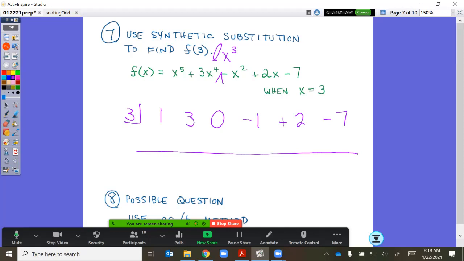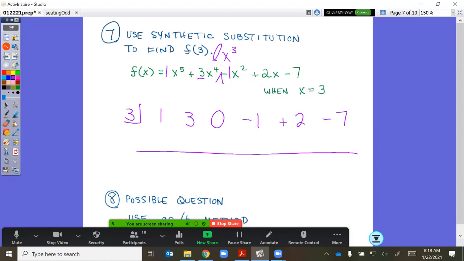There's a 1 out here, that's where I got that 1. There's a 3 here, and that's where I got the 3. They skipped x to the third, so I have to leave a memorial for the thing they skipped. It's a 0. There's a -1 in front of x squared, so -1, 2, -7. So I just wrote down all the coefficients. That's all I do. And if they skip one, I have to put a 0.